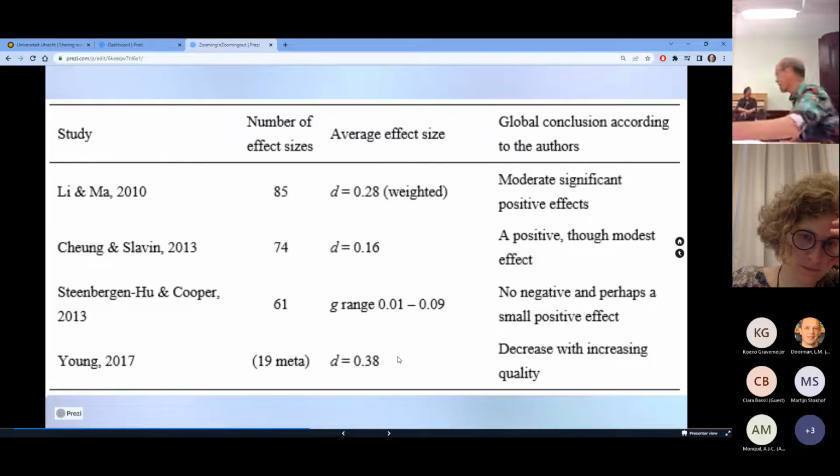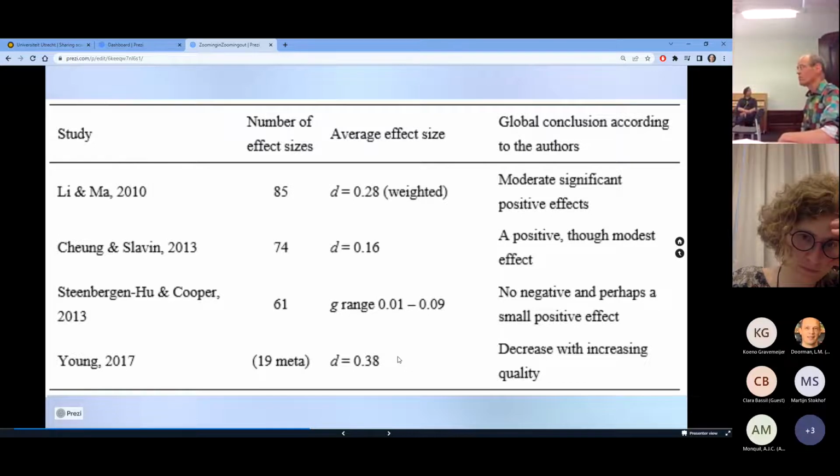Of course, Arthur has warned us many times about being too simplistic in interpreting effect sizes, which of course makes complete sense. Still, my feeling is that this is a slightly positive result, and of course you should nuance it.